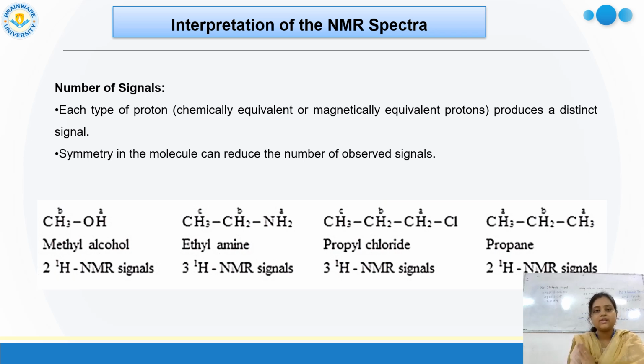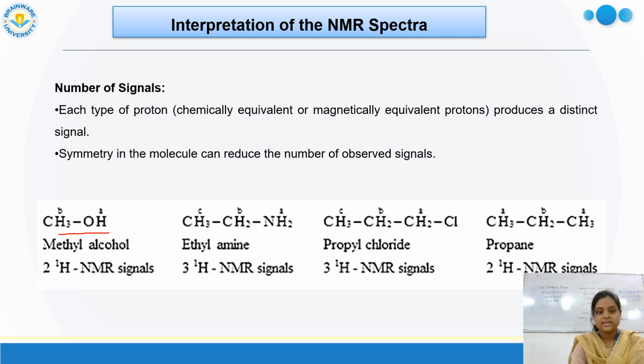How many signals we get depends on the number of chemically equivalent protons. For example, here methyl alcohol, CH3OH. There are two different types of protons. Type means the chemically equivalent or magnetically equivalent protons. Chemically equivalent protons means protons which experience the same chemical or electronic environment.